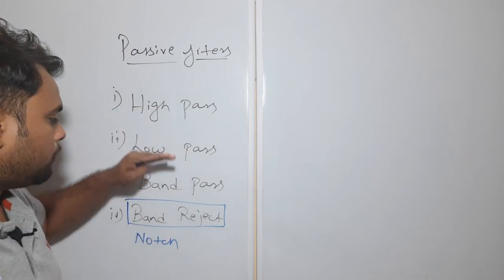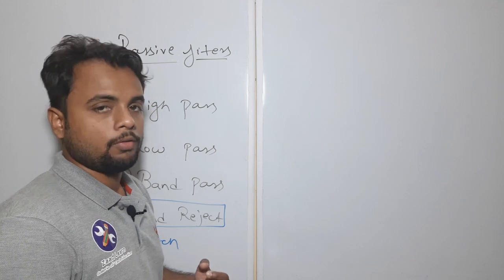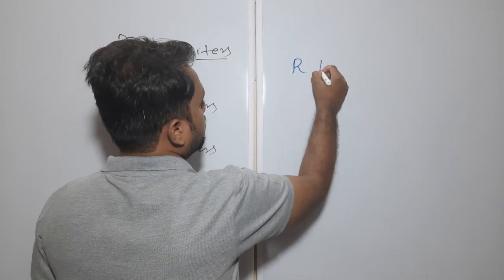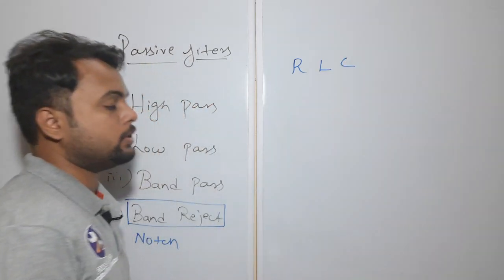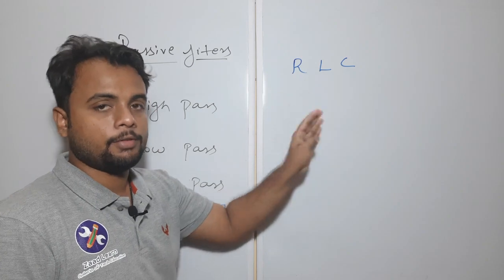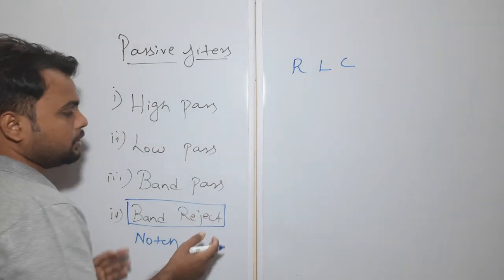Now all these four types of passive filters can be made by combinations of different passive elements. We know that there are three types of passive element that we use: resistance, inductance and capacitor. By combining these RLC passive elements, we can make a high pass, a low pass, a band pass or a band reject.